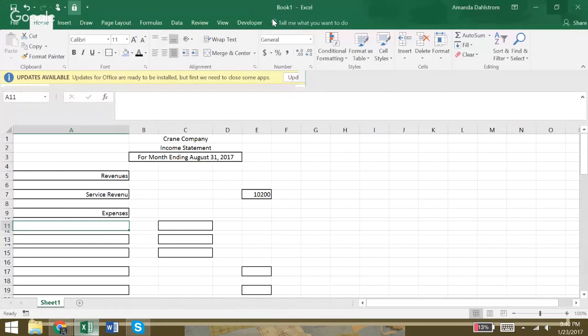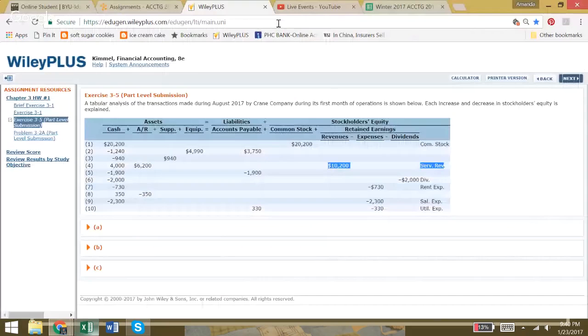Okay, so if we come over here, we see we have 3 expenses. There's going to be salaries and wages, a rent expense, and a utilities expense. First one we're going to put down our salaries and wages expense for $2,300.